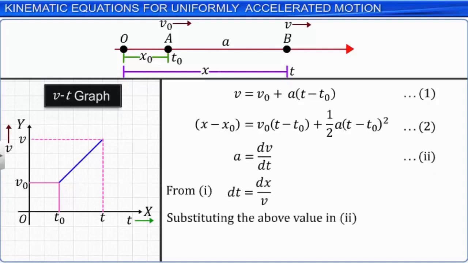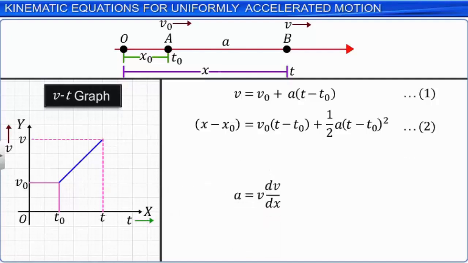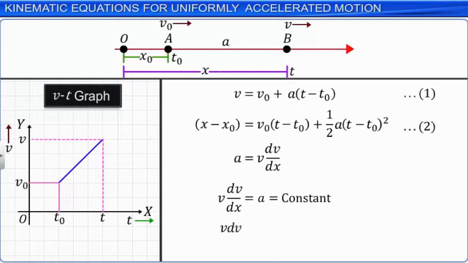We know that this value of a is a constant. By cross-multiplying, we get v into dv is equal to a into dx. Integrating both sides, we get integral v naught to v, v into dv is equal to a into integral x naught to x, dx.